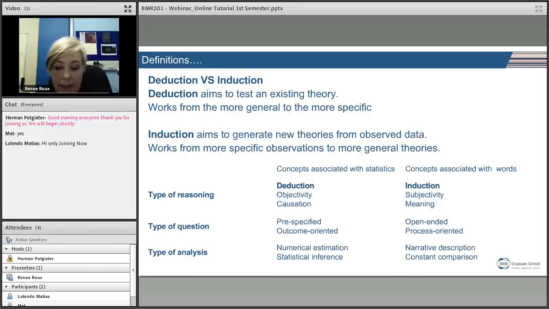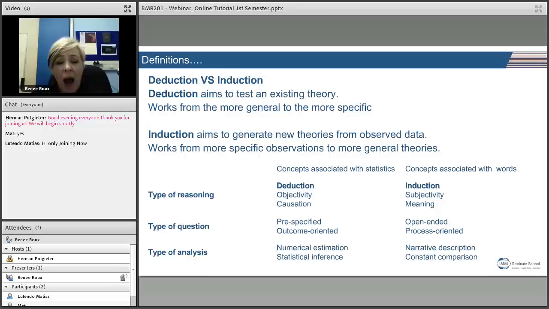So, for instance, I'm doing research on service quality, and my service quality measurement is very bad.